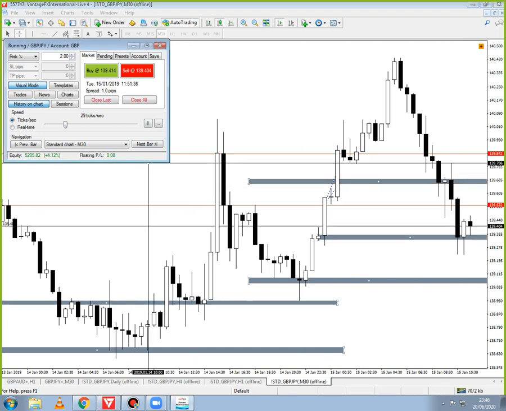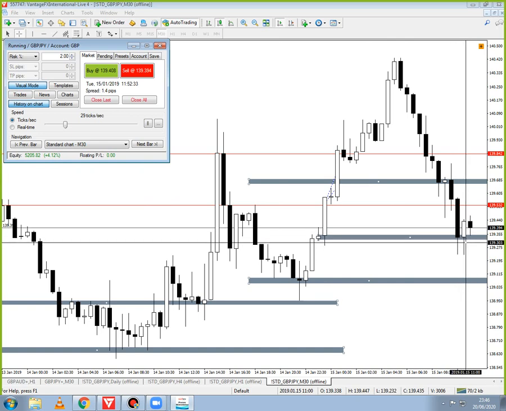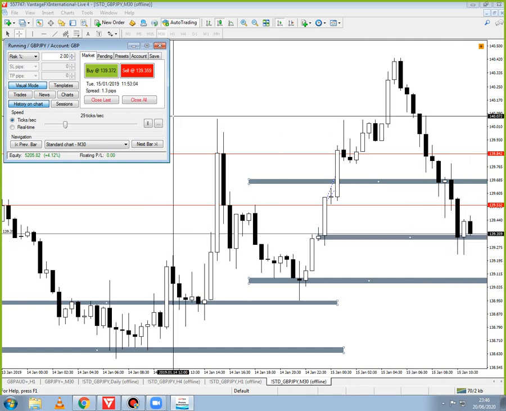So I'm just going to skip it here a little bit, because it seems like we're ranging. Unless I see it start breaking down into these levels here, then I'll start slowing it down, which is precisely what it's doing. So I'm going to slow that down for a sec. This candle's got about 7 minutes to close.